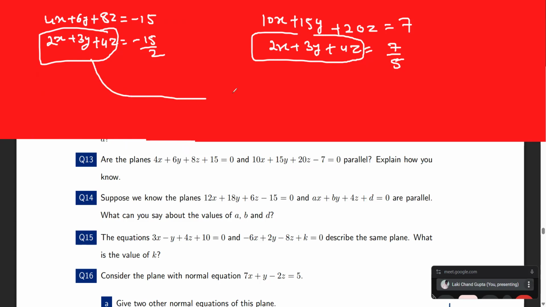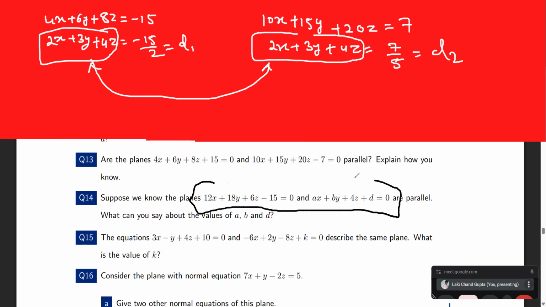And if they are in this form with the same coefficients, they are parallel, right? What about question number 14? If they are parallel, what can you say about ABD?